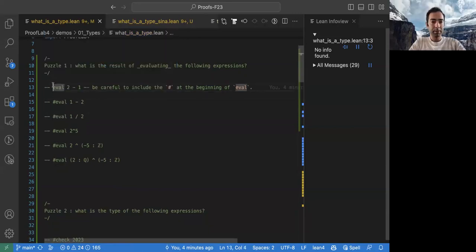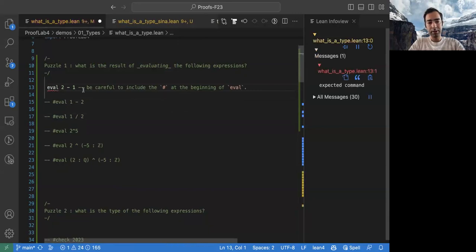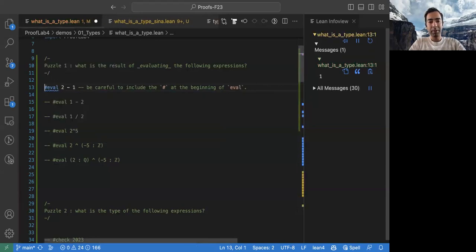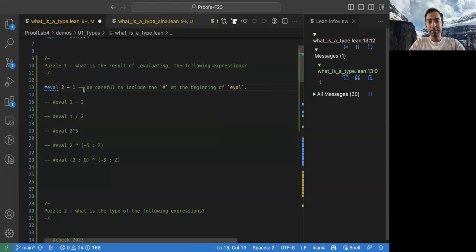Okay, let's try. If I uncomment this, if I delete these 2 dashes, I get a problem because Lean is telling me to provide a command, and eval is not a command. If you add a hashtag, then that becomes correct. Exactly, and that's 1.